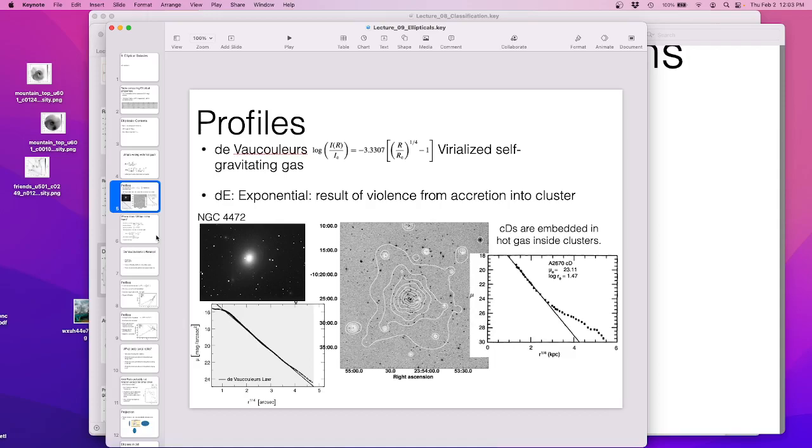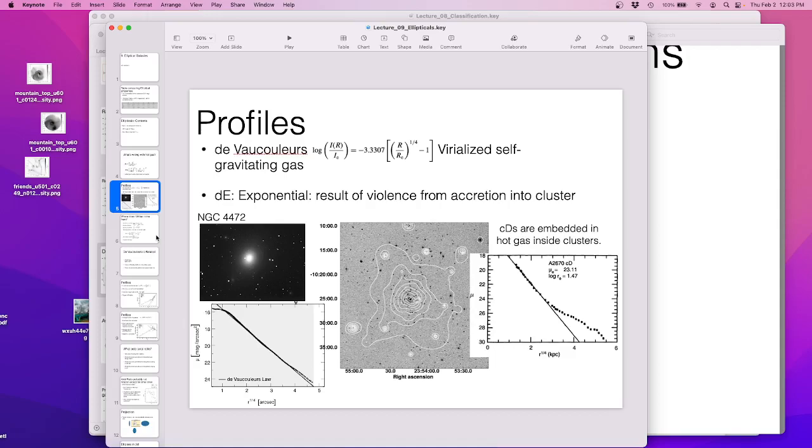No, this is brightness per area. There's several ways you can write it down. It could be in magnitudes per square arcsecond, or solar luminosity per square kiloparsec. This one actually has to be in solar luminosities per square kiloparsec because this is a brightness and not in magnitude. But it's light per area, whatever units on light and area you need.